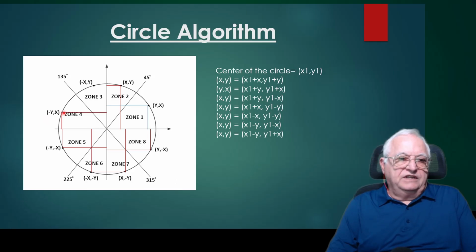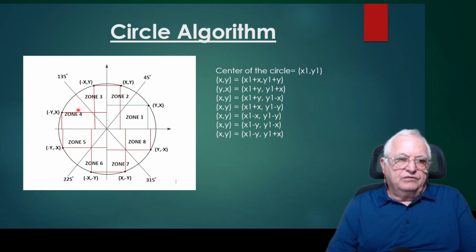Now this particular one, the x value is going to be x1 minus y, and the y value is going to be y1 plus x. And finally, we get to the point where the x value here is going to be x1 minus x.